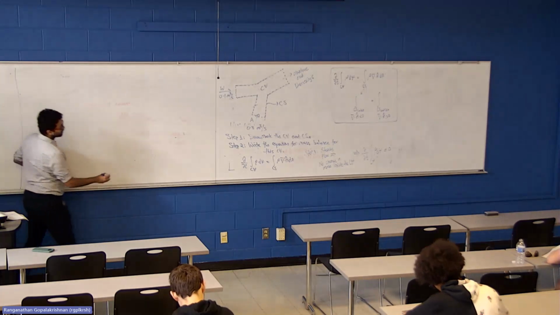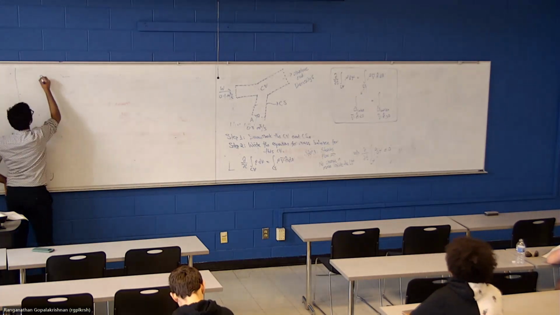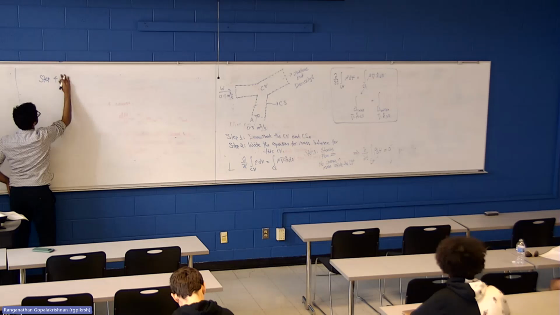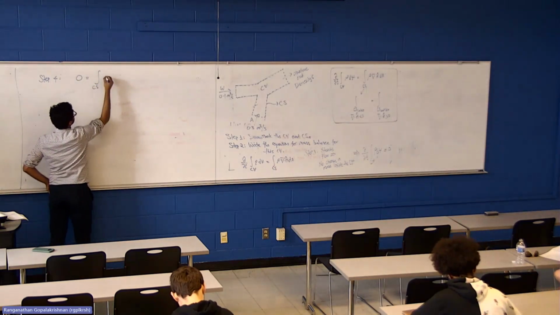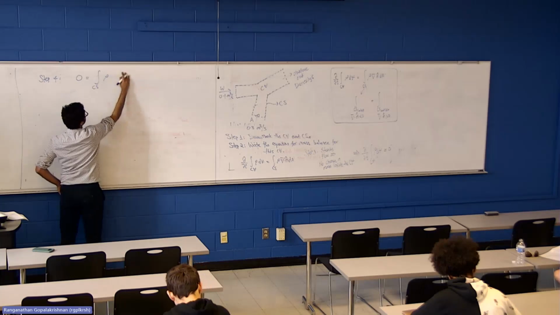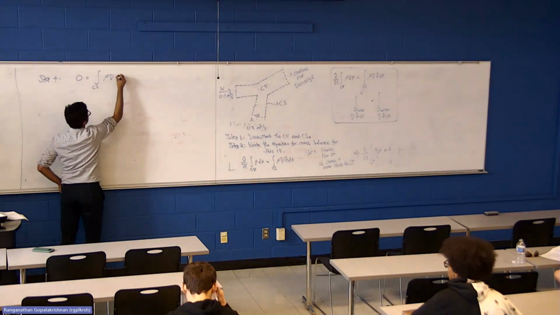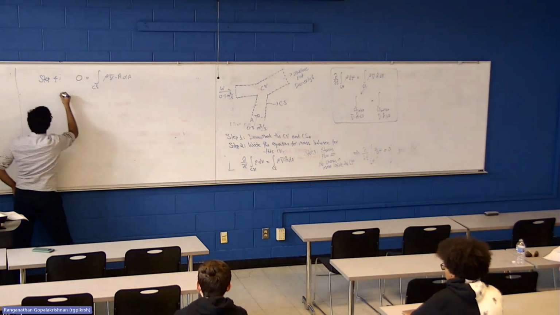So step 4, we have 0 equal to the integral over the control surfaces of rho v dot n dA.